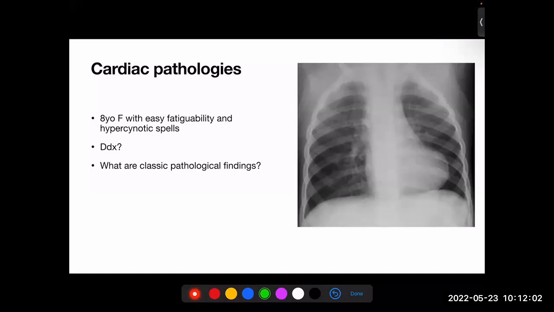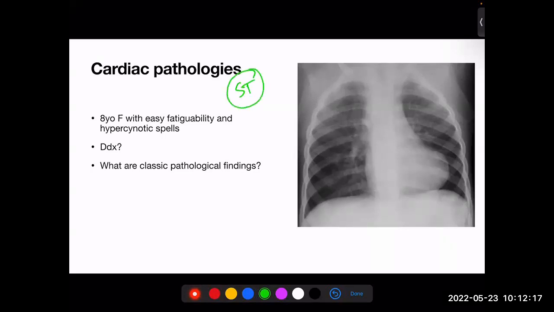An 8-year-old female with easy fatigability and hypercyanotic spells. What are the cyanotic heart diseases? Have you heard of the 5 terrible T's? Who are those?